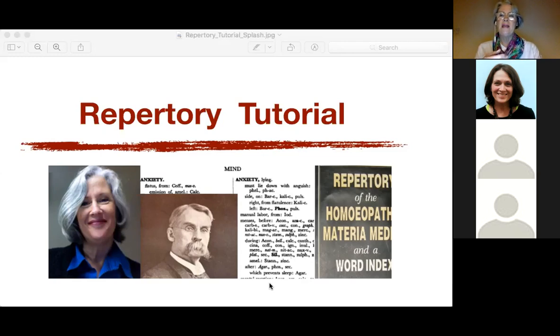And Hahnemann, being Hahnemann, thought to himself, actually, there are things that are much more astringent than that, and they don't help with this complaint. So I don't think that's very likely. And he actually wrote that into his translation of the text because he was Hahnemann, and that's kind of how he saw the world.